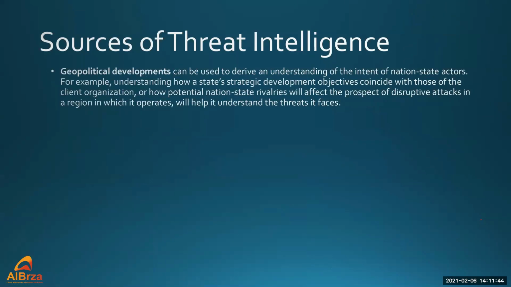Geopolitical developments. This is another thing which can help at the strategic level. So by monitoring the news, by monitoring the geopolitical updates in the region, you will be able to know if there are nation state actors who may target your organization. And that's a very important thing, by monitoring the latest news, and you can link the activities with what is happening.